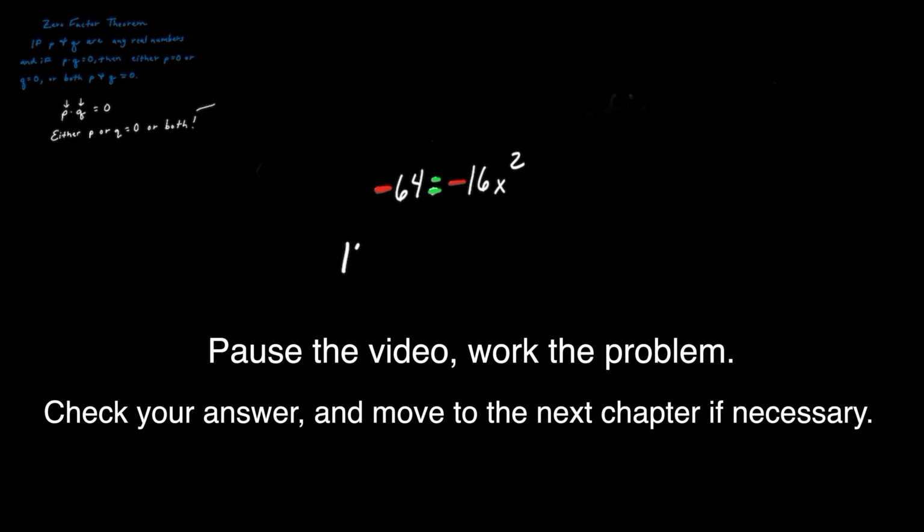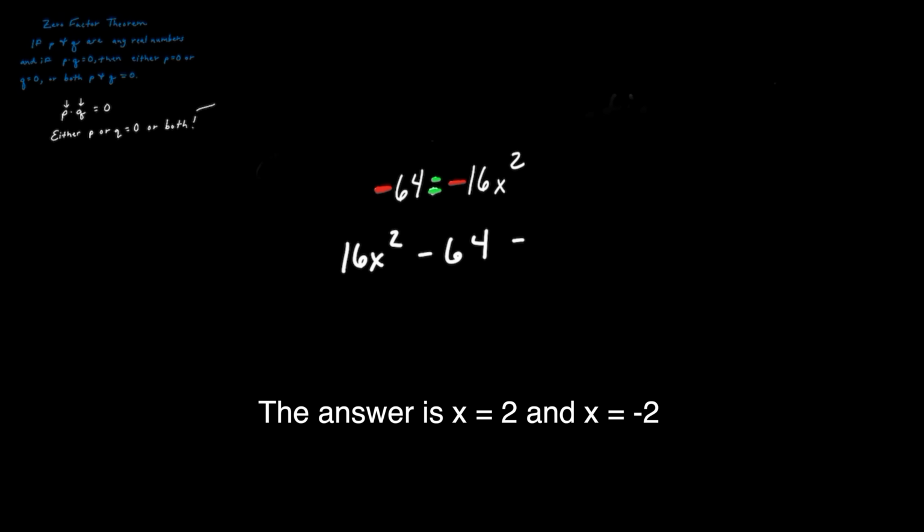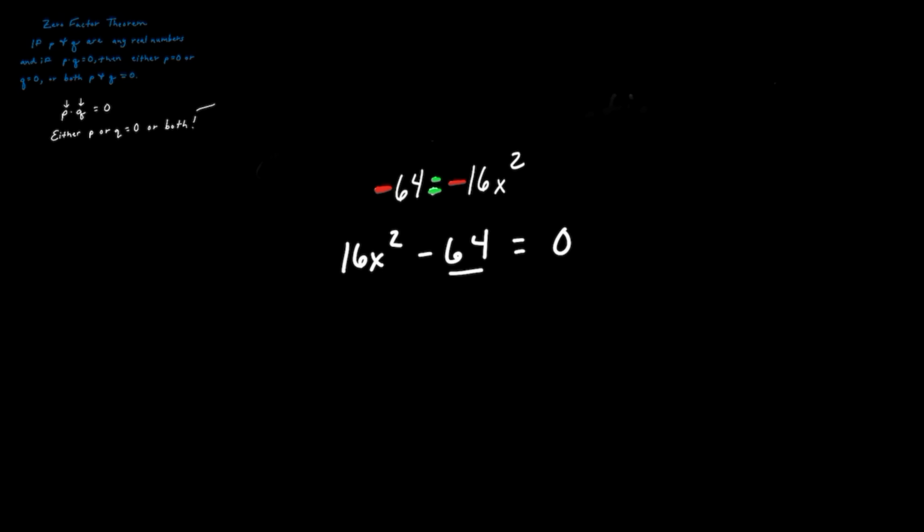Okay, here we have a problem, -64 equals -16x squared. And so we're going to pull it over and make it standard form so that everything is on the left side. With 16 and 64, we have perfect squares, and I will eventually make a factoring video so that you can see this again, but since these are perfect squares, we can factor this by saying x minus and x plus, and then we fill it in with our perfect squares.